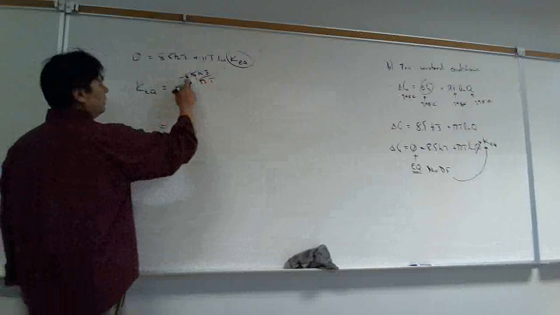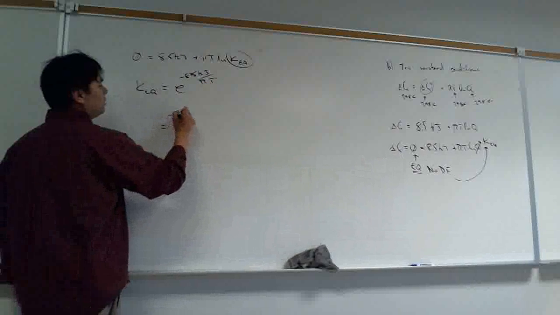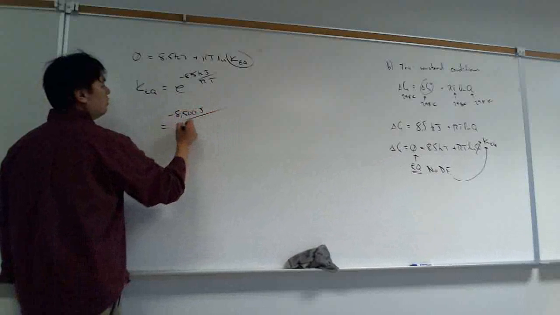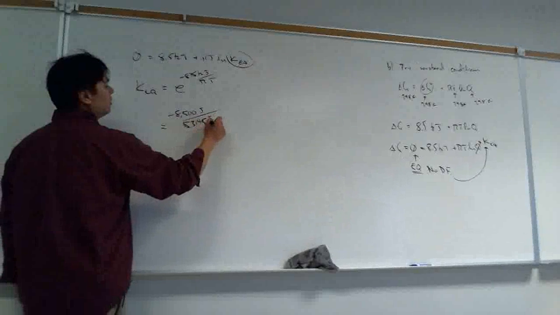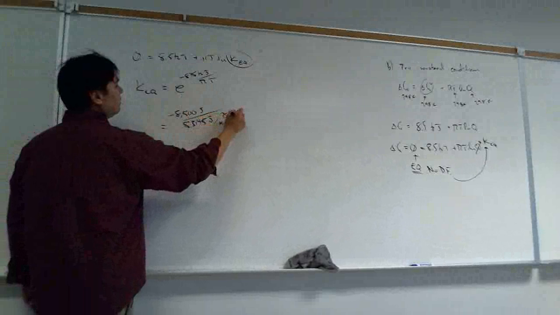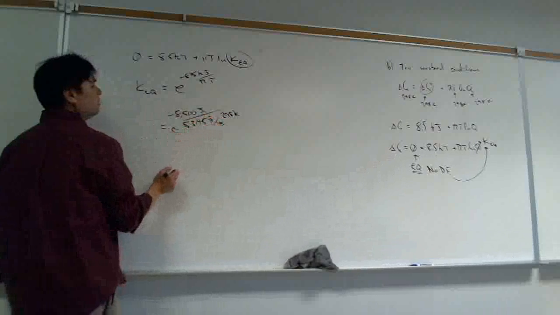And so probably the easiest thing to do is convert from kilojoules to joules. So we're going to go minus 8,500 joules over R. R is 8.3145 joules per Kelvin, all per mole, times our temperature, 298 Kelvin. And so Kelvins cancel, joules cancel, and this should be e to that.